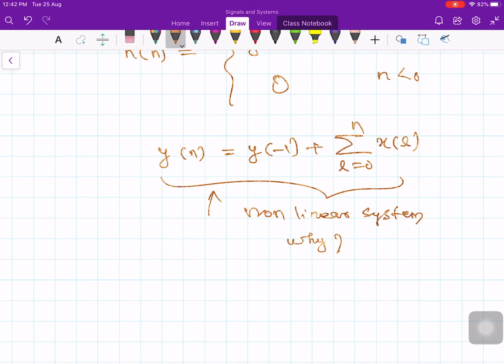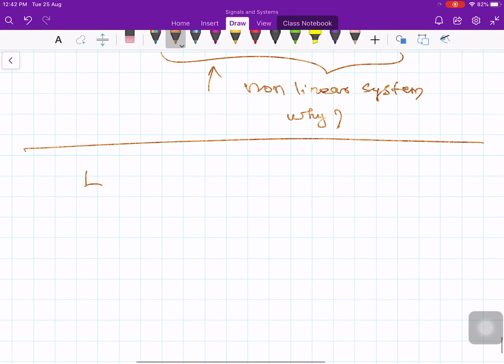Now, let us move on to LTI systems. How is the output of an LTI system denoted? A very simple derivation of what is famous now as convolution.